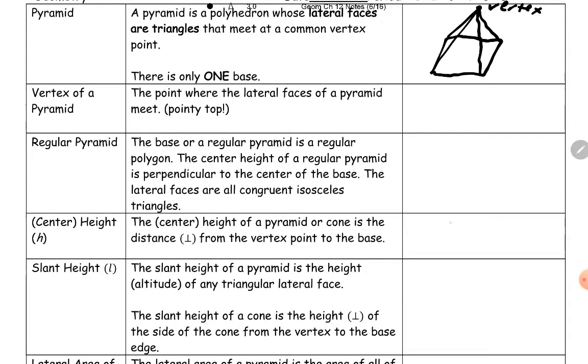And a pyramid has, let's draw my square here. A pyramid has two different heights. It has the height that starts at the vertex and just drops down to the center of the pyramid. And then we have something called the slant height. So let's see if I can draw this.